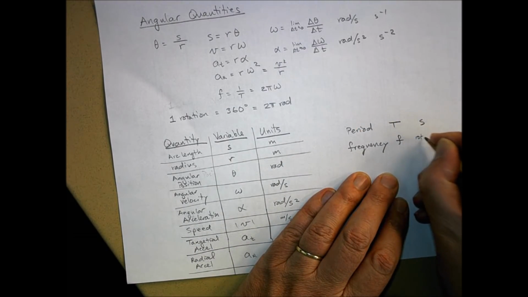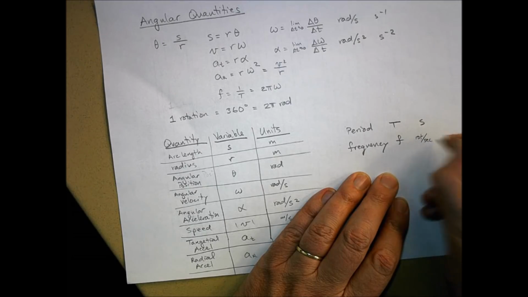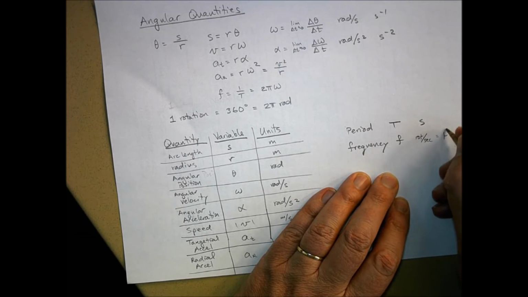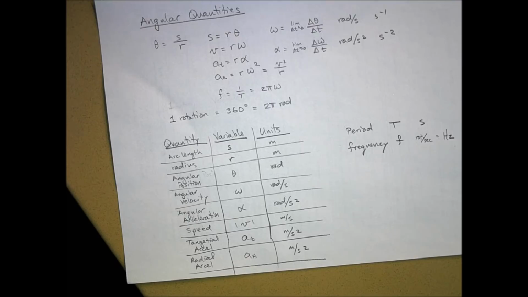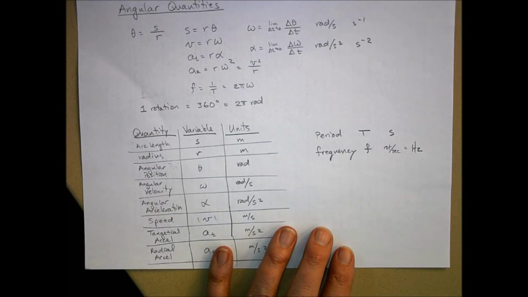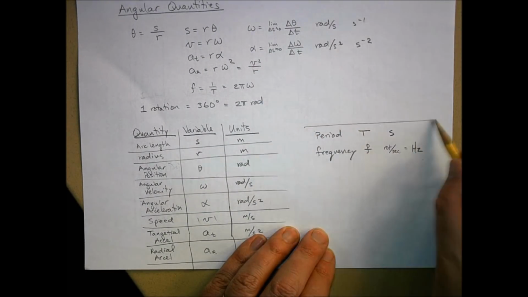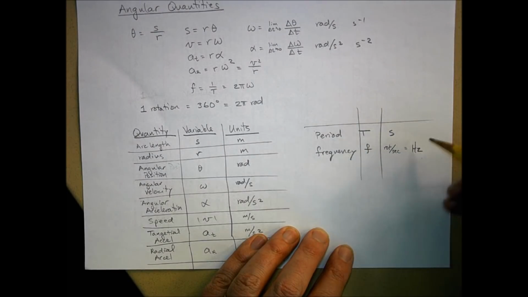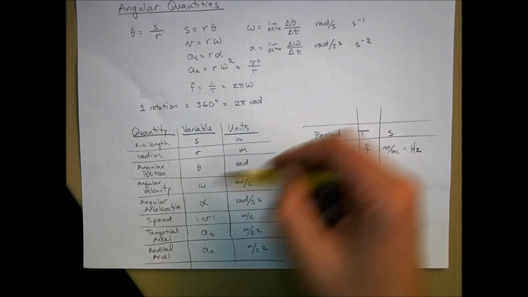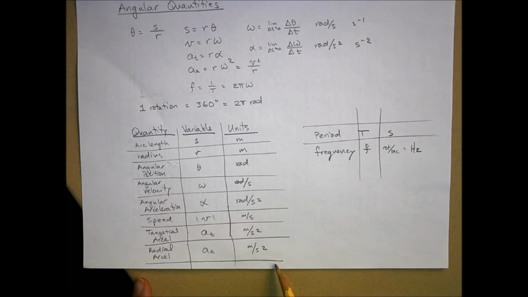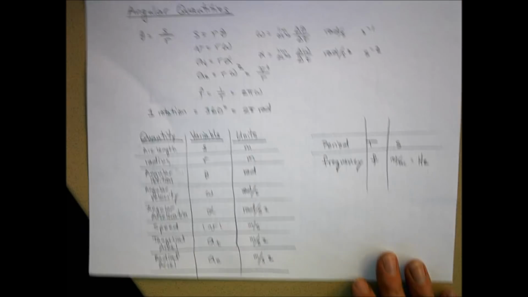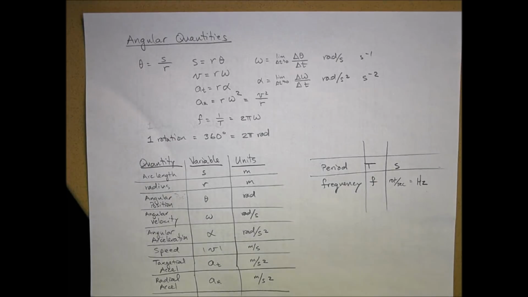Rotations per second, which is a hertz. Frequency is measured in hertz. So if I was to keep that consistent, just take this and put it below here. And so here you've got just about everything.